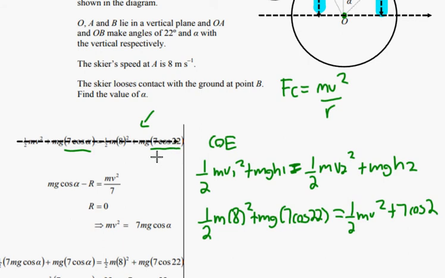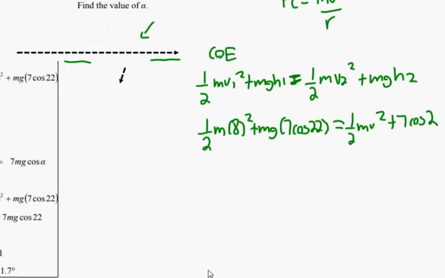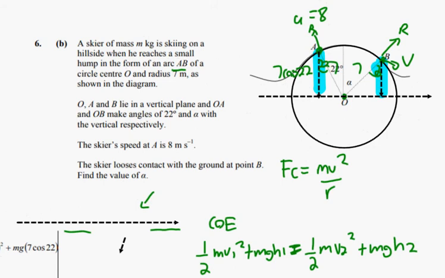Now the next thing you're going to do is your centripetal acceleration. You can see the v squared there. So centripetal force is Fc equals mv squared over r. You're going to go back to the top, and you're probably going to get rid of a lot of the work you've already done, because that was all for the conservation of energy.